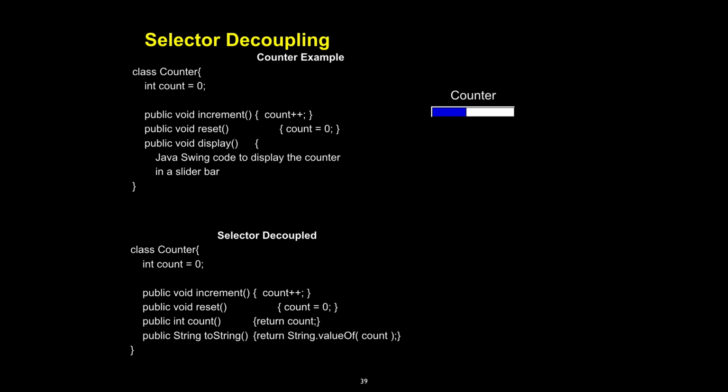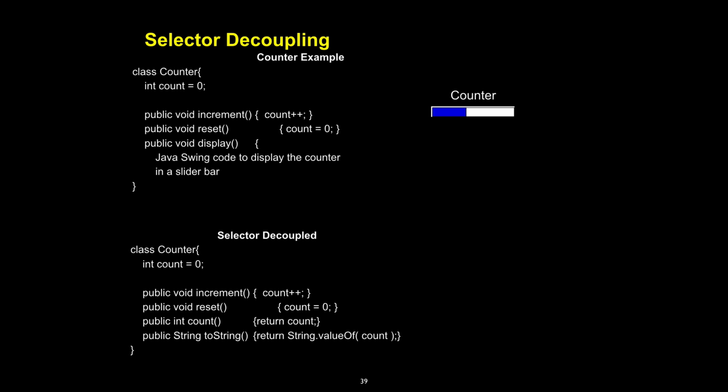And if later we want to, come on, desktop applications are old hat, right? We want to do it on the web. Well, how you display in the web is different, right? So once I get the value or the string, I can now display that in the web, right?